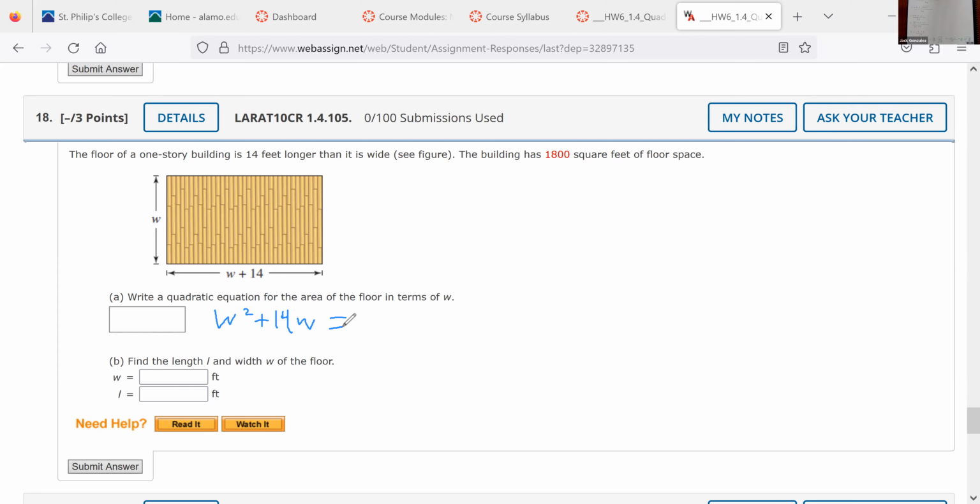And the area is equal to 1800. So you would solve this for W to get width and length.